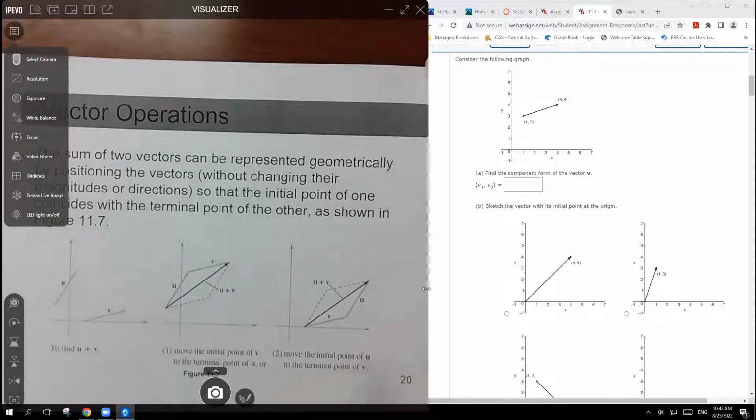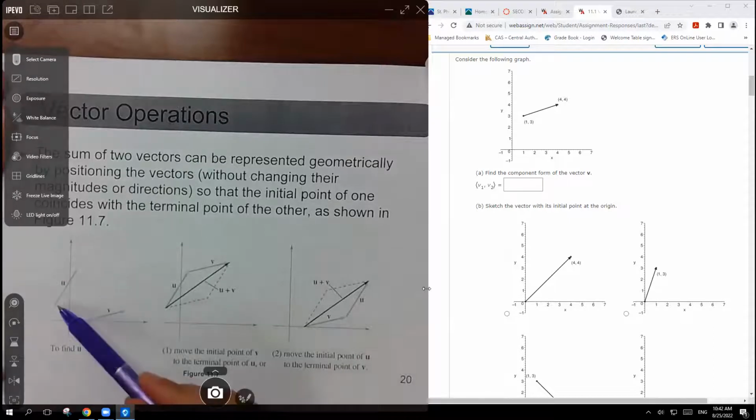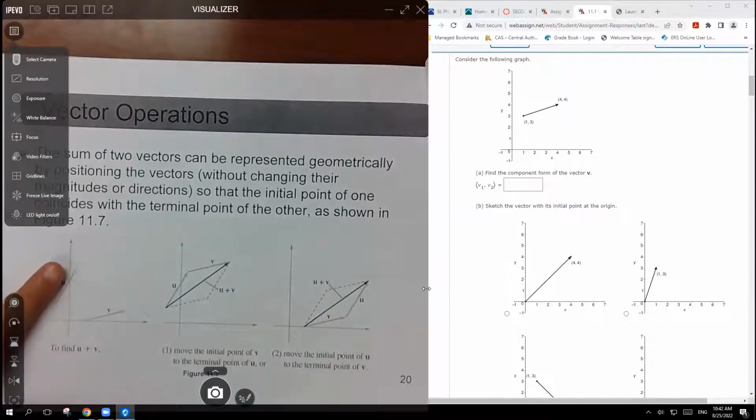Here's the sum, to show you how it works. I already explained that to you. So if you have two vectors, U and V, check here. For the sum of U and V, you can choose.